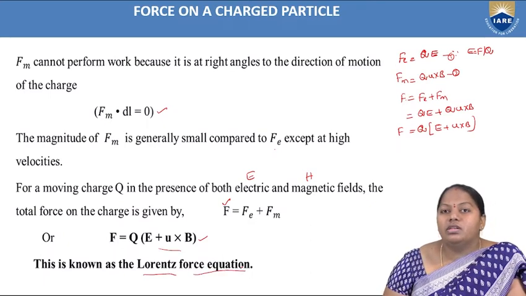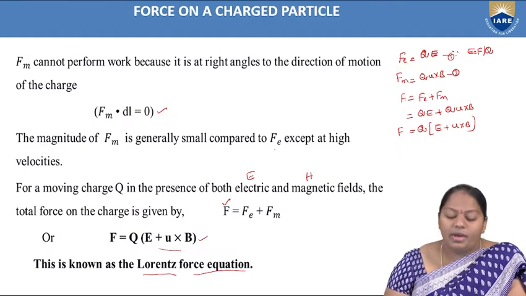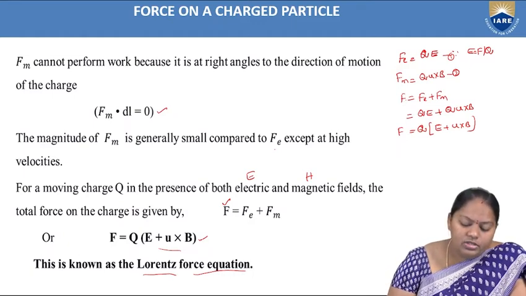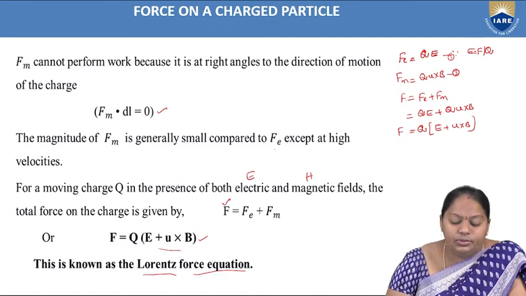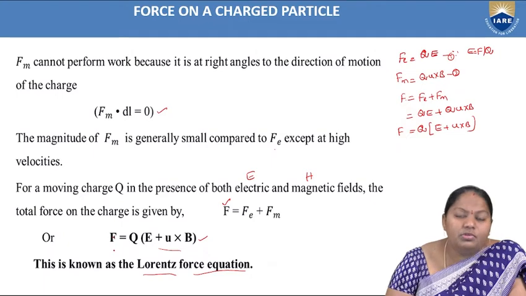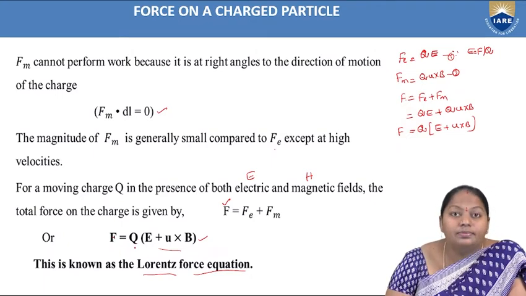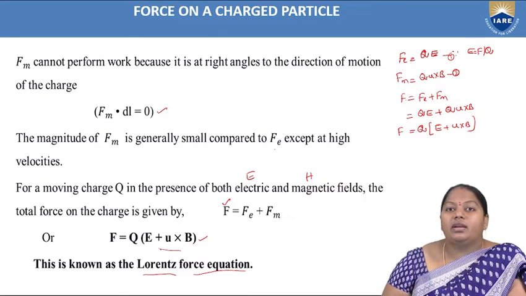To derive the Lorentz force equation, we must consider the electric force along with the magnetic force. The equation is obtained as F equal to Q into E plus U cross B, where F is the total force related to electric as well as magnetic fields, Q is the charge of an electron, E is the applied electric field, U is the velocity of the electron, and B is the applied magnetic field.